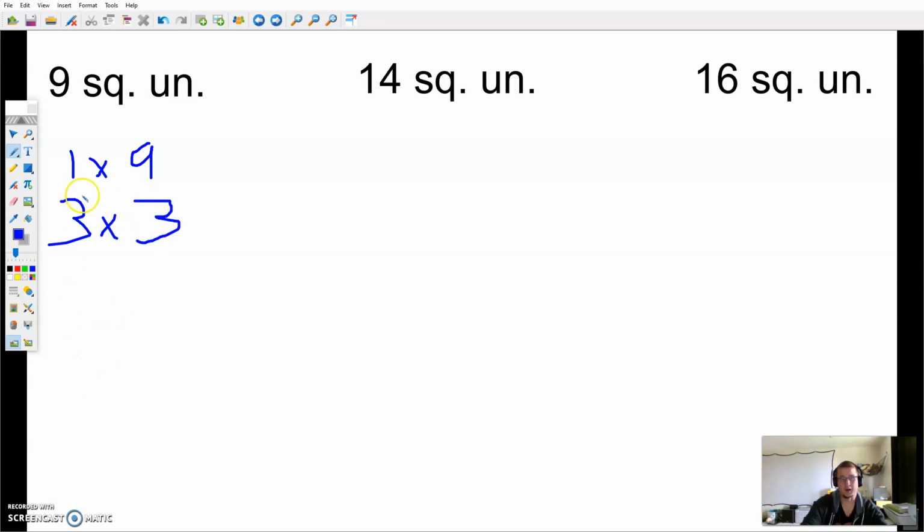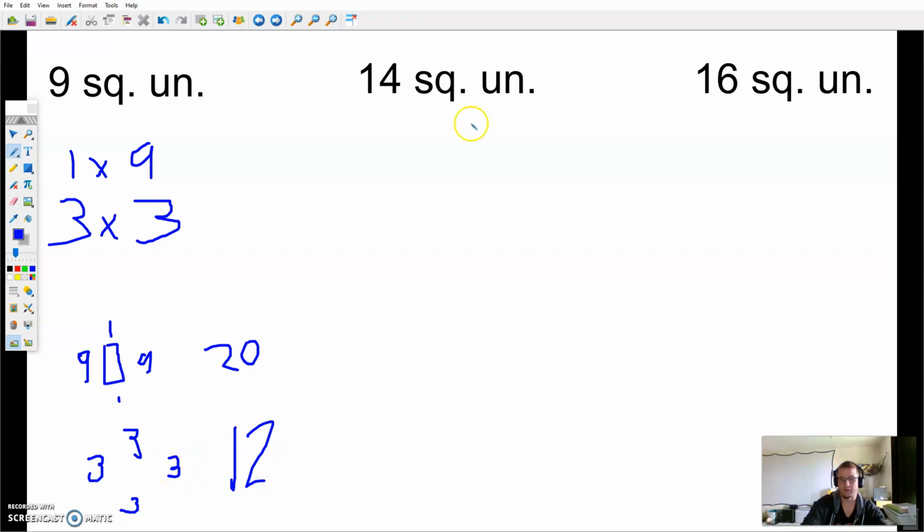Now if you think about that, if I've got 1 and 9 and 1 and 9 around a rectangle, that's 9, 18, 19, 20. That one's 20. Or if I've got 3, 3, 3, and 3, suddenly that has a perimeter of 12.